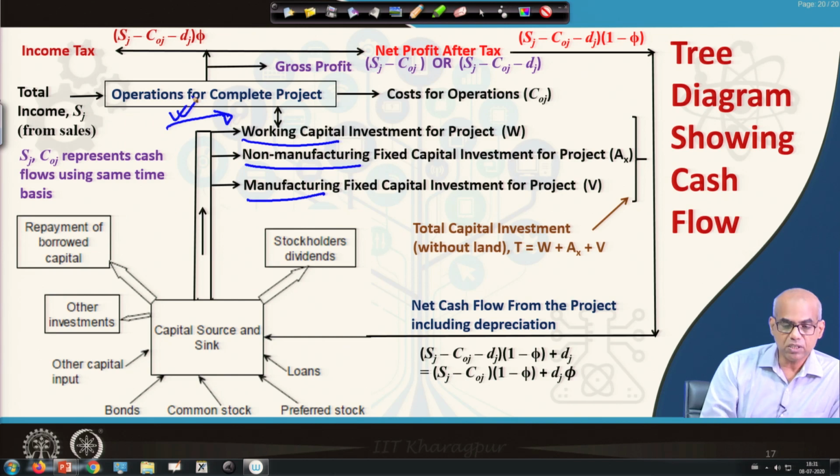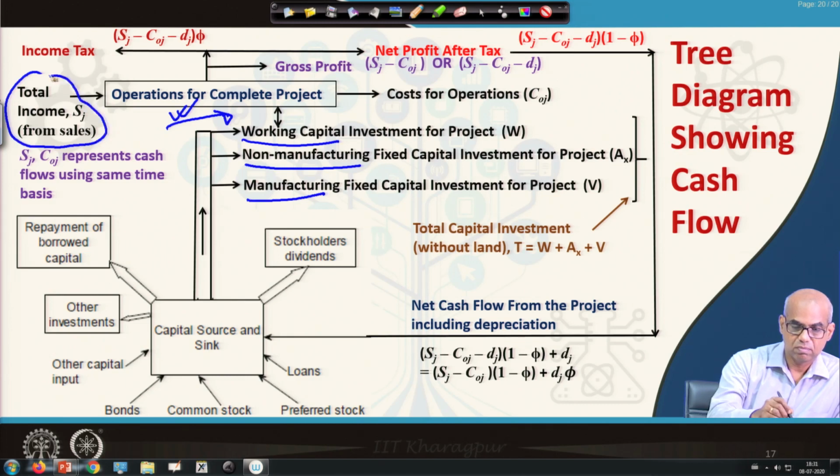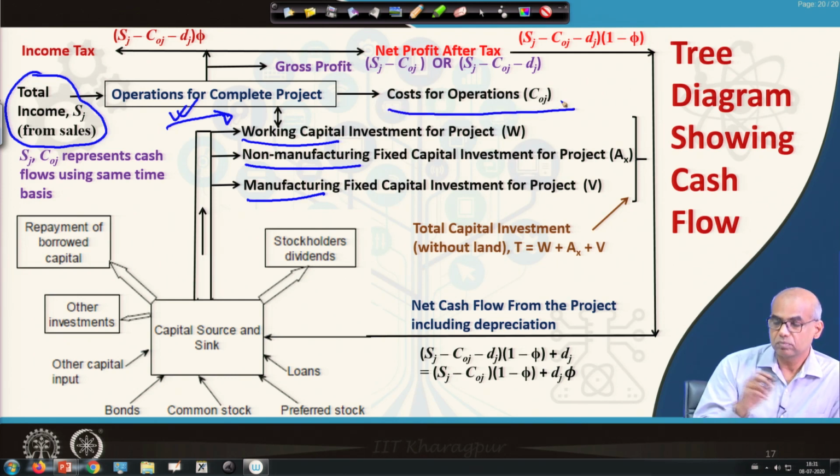Once operation has started, you will have income from the sales. That will be a cash flow. There will be cost of operations also, which is also a cash flow.